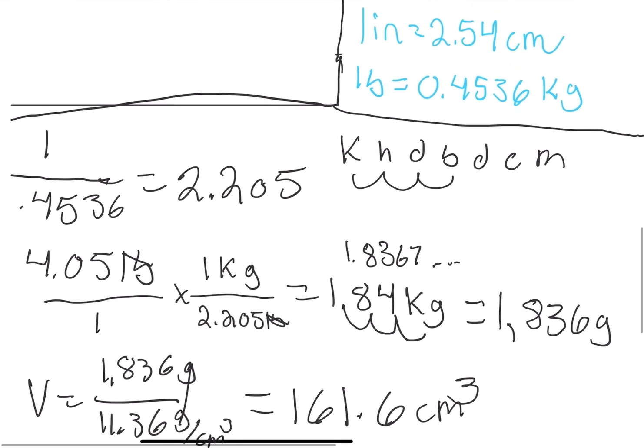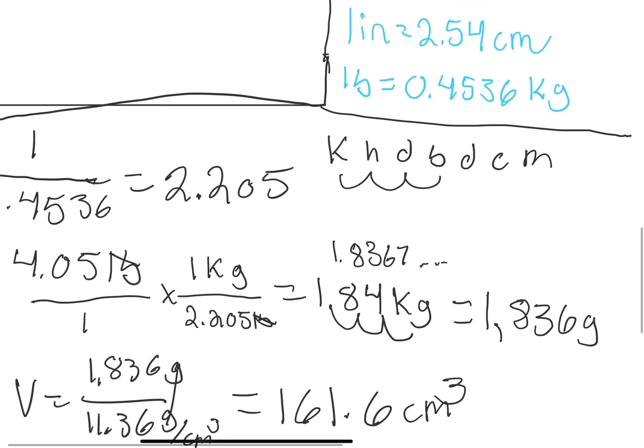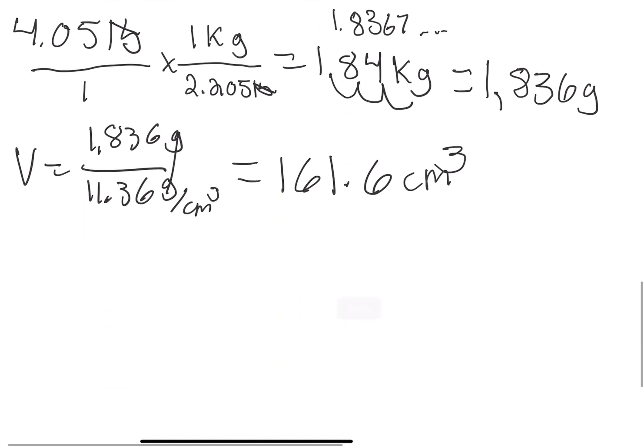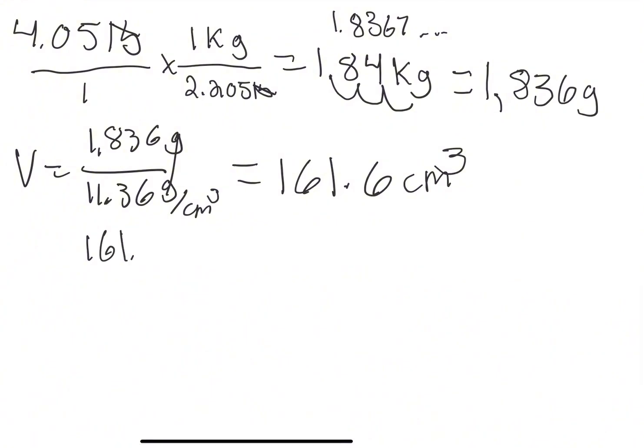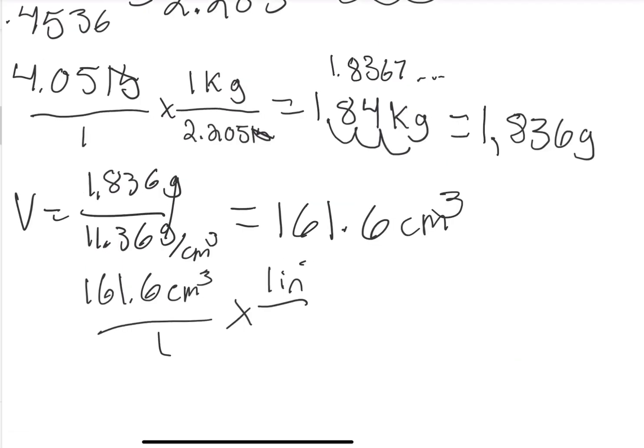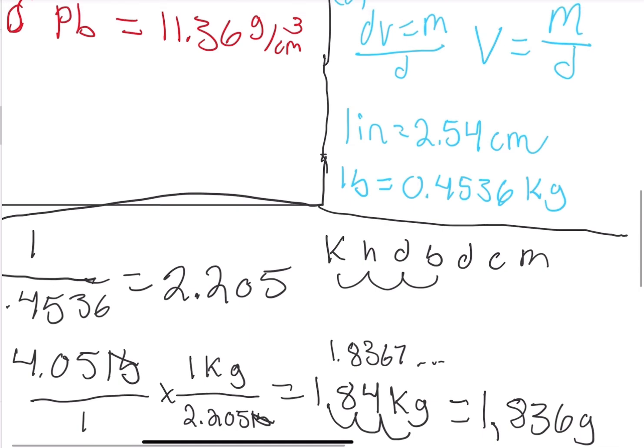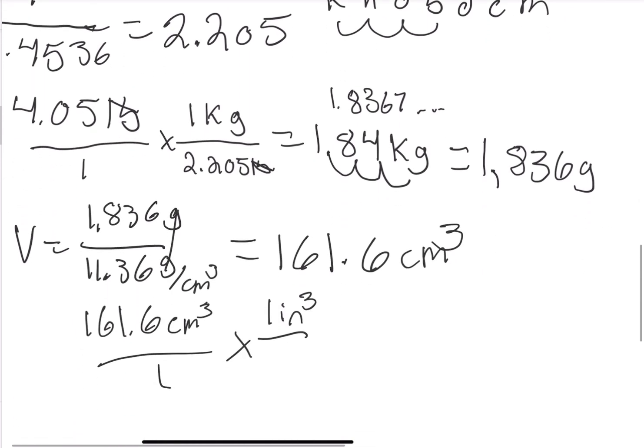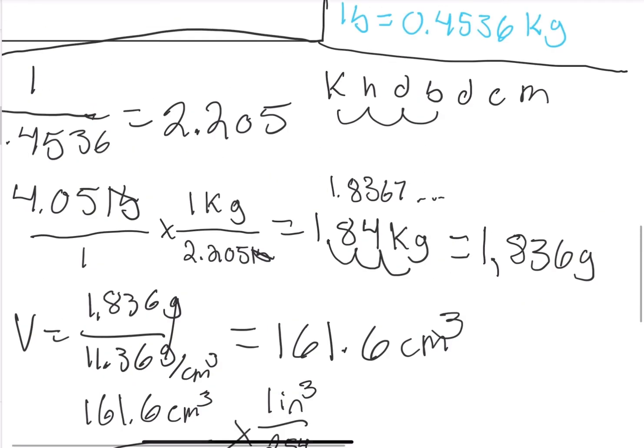And we do, if 1 inch equals 2.54 centimeters, we can write out 161.6 centimeters cubed, divide that by 1, and then multiply by our conversion, which is 1 inch over 2.54 centimeters.